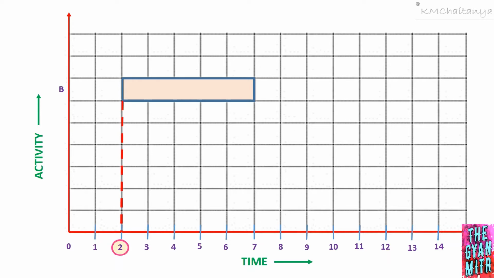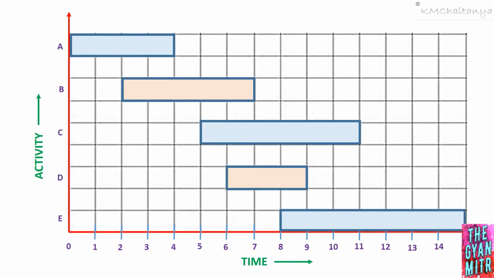So the activity B is starting at time t equal to 2. The end of the box represents the end of the activity. Therefore, activity B is going to finish at the end of time t equal to 7. Therefore, the duration of activity B is time t equal to 7 minus time t equal to 2, which gives us 5 days.